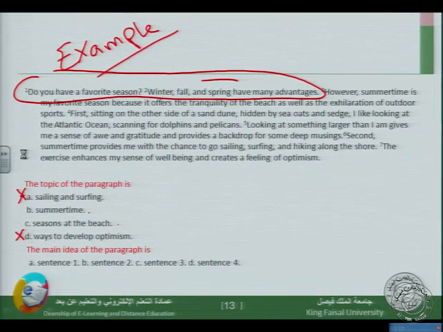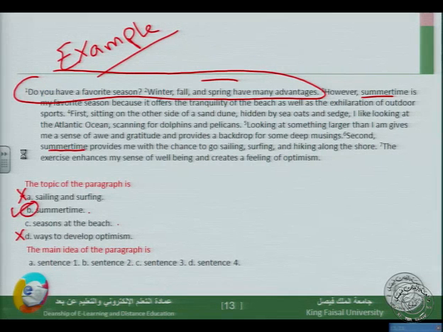So we can read the rest now. Look at the beginning of this sentence. It starts with summertime. Okay? And somewhere else here, summertime is mentioned also. So it is mainly about summertime. Why?